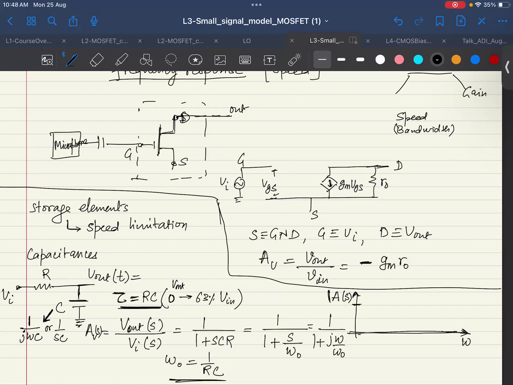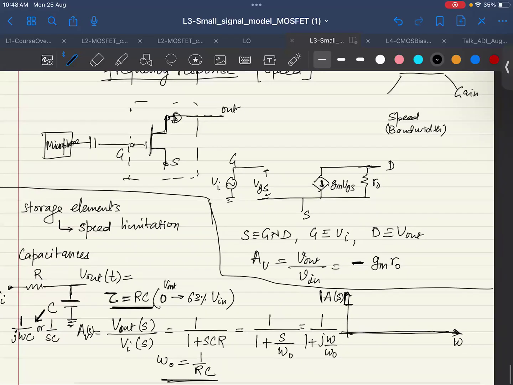And this is the mod we write, because we are interested in the mod of AVS. This is a complex number, so it is the square root of a square plus b square. So that is your gain.